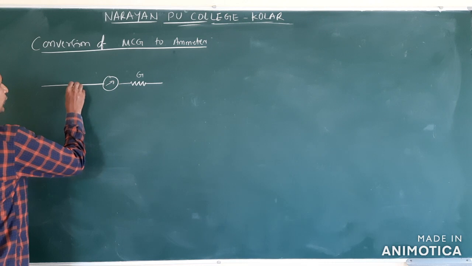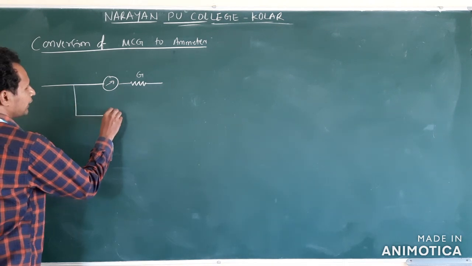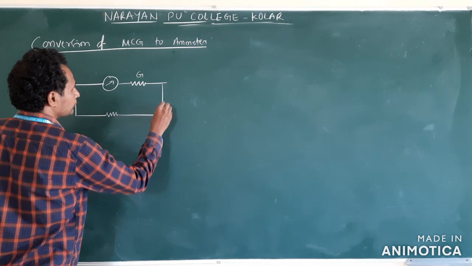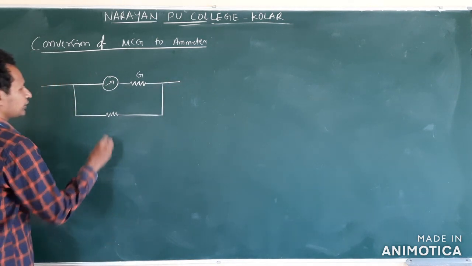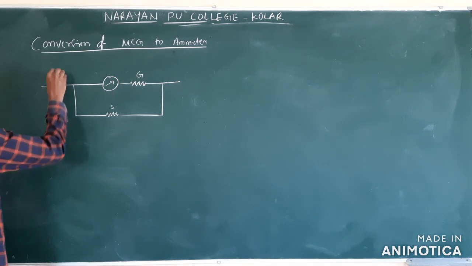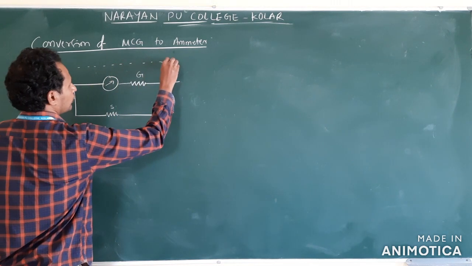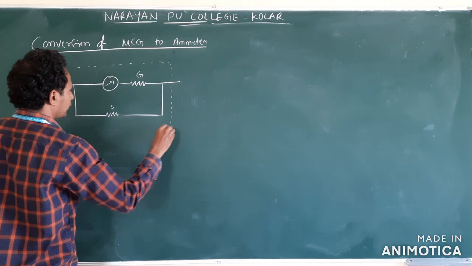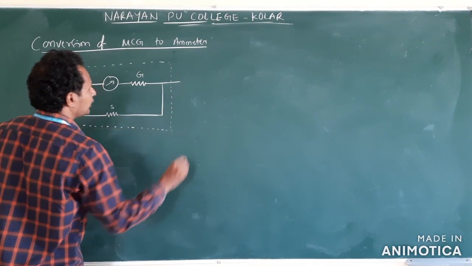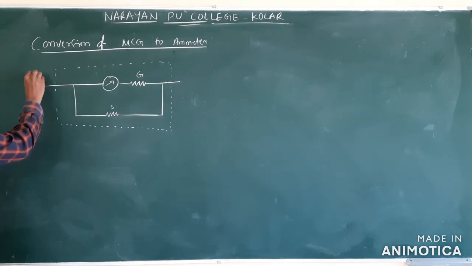Now this we can convert into an ammeter by connecting a small resistance in parallel. Okay, this is the small resistance. Clear. So now this is an ammeter.